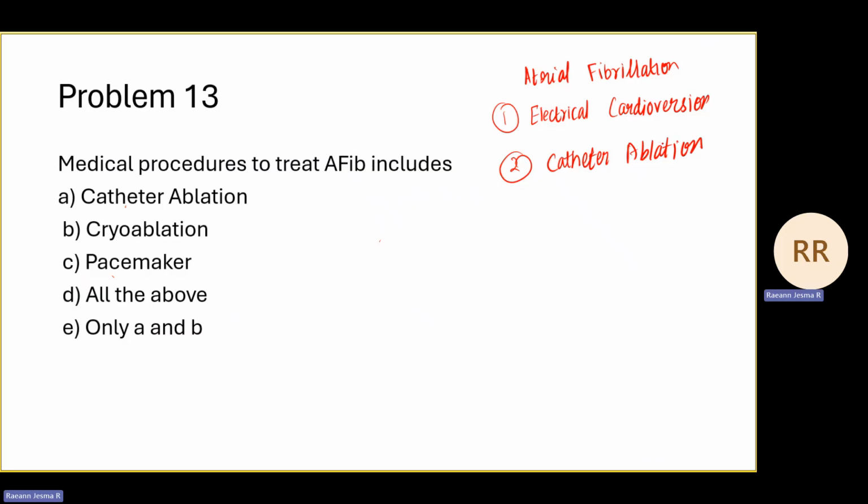This procedure is not always successful, and in some cases it can cause complications. There is also a risk that the atrial fibrillation will happen again. If it happens again, they will try to repeat the procedure.